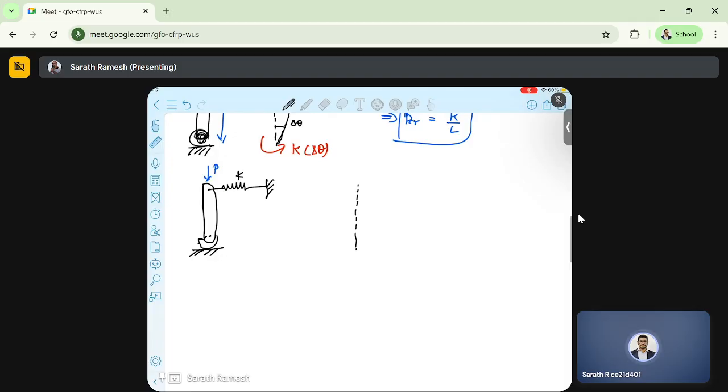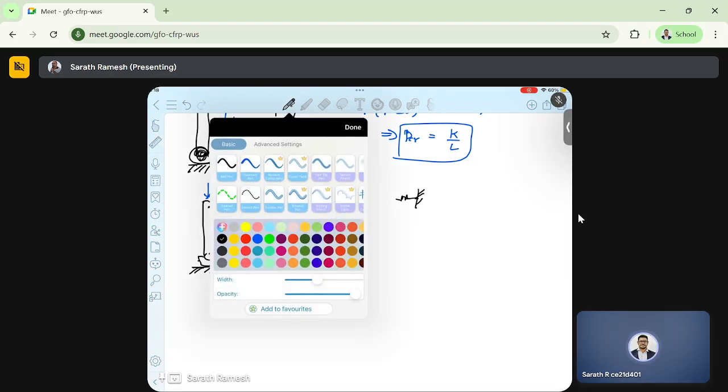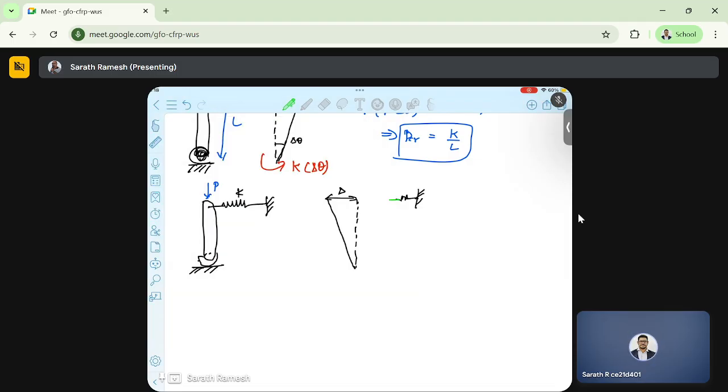Say this is the initial, and I am displacing it by some distance, say delta. Now in this spring there will be a tension force induced, right? Because of this tension force there will be a force here.